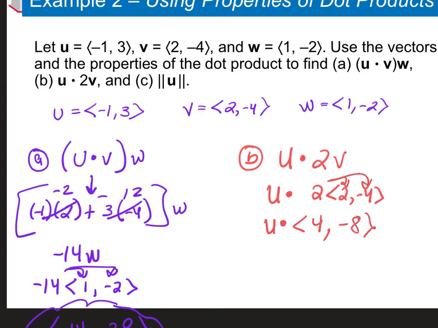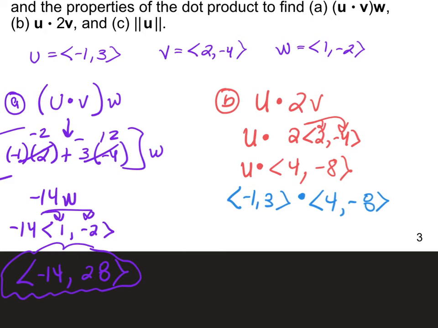Now I'm going to replace U with what? With -1, 3, 4, -8. Now I'm going to do the dot product. All right, we're not multiplying them together. If they were being multiplied together, they would just be stuck together. I have that bold raised dot. That means dot product.